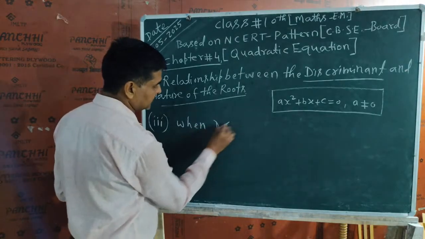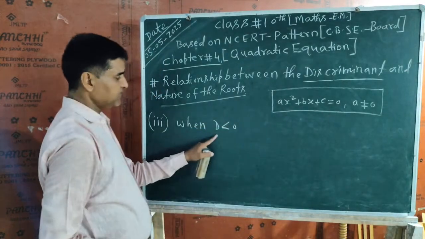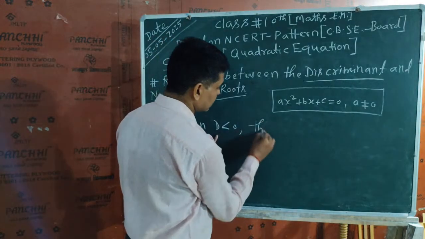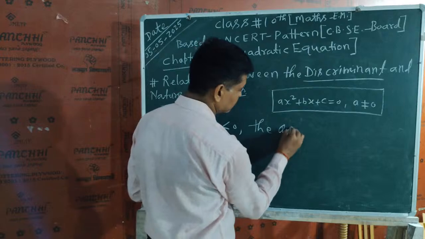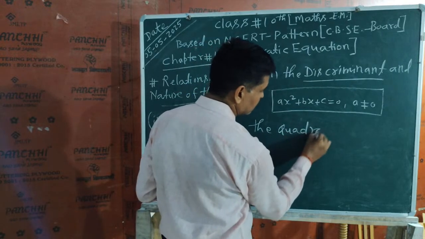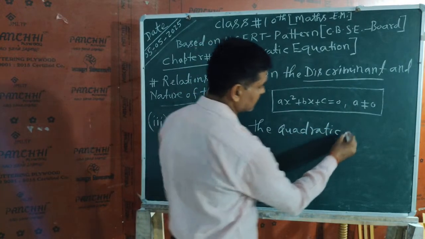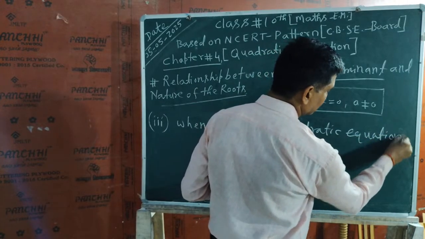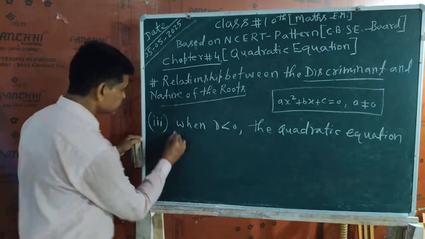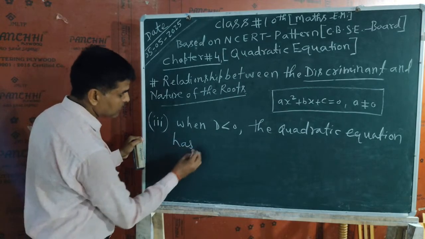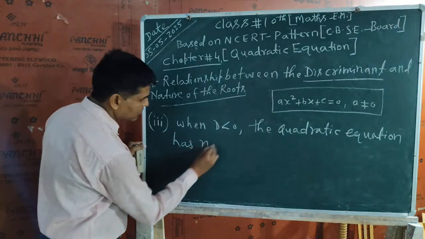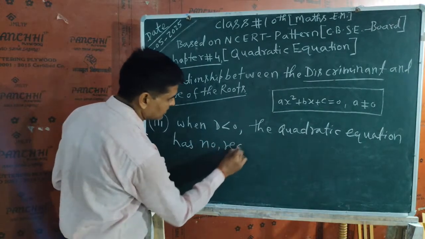D is negative. When D is negative, in this case, the quadratic equation has no real roots.